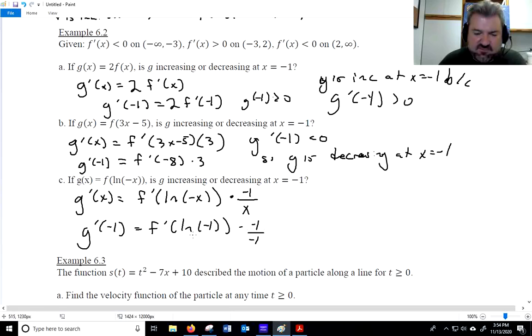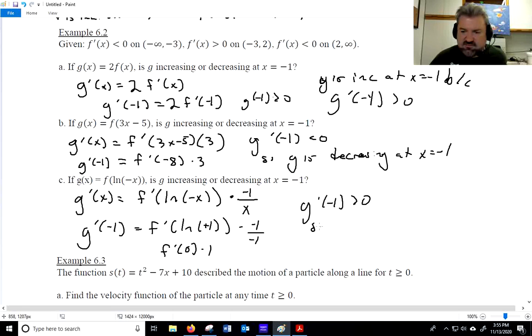Well, the natural log of the negative of -1, which is a positive 1. The natural log of 1 is 0, because e to the 0 is 1. So this is f prime of 0 times 1. And we know that on the interval from -3 to 2, f prime is positive. So g prime of -1 is greater than 0. So g is increasing, in this case, at x equals -1.